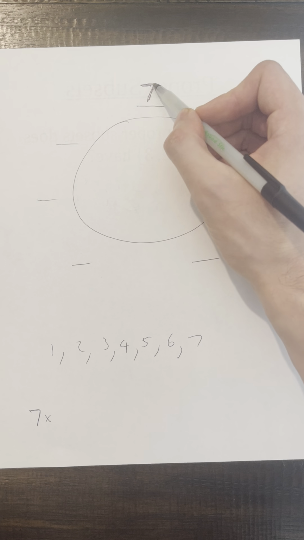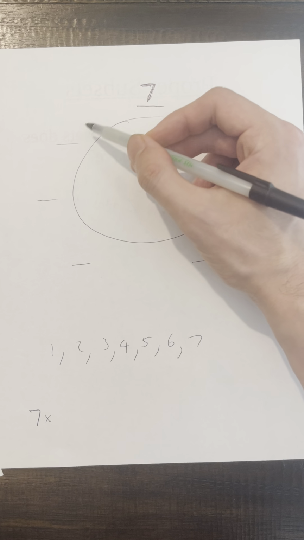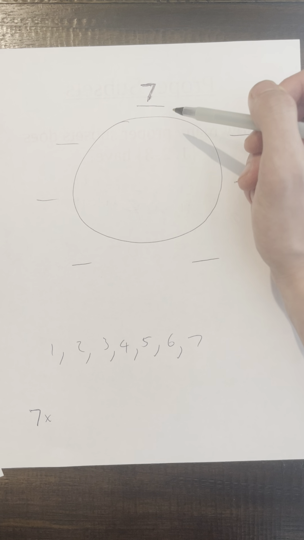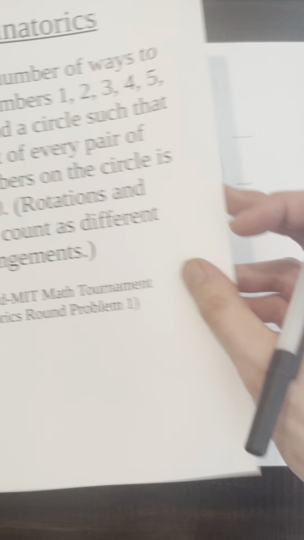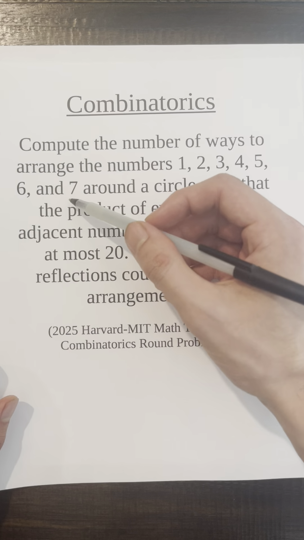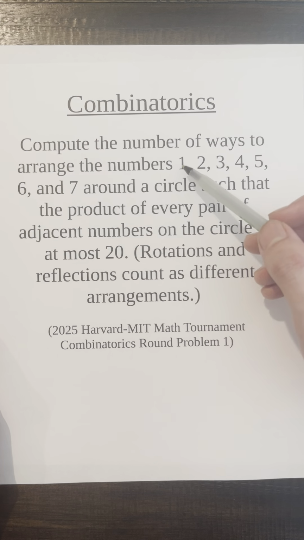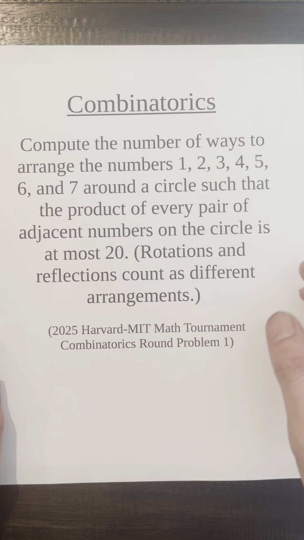Basically, place down a number where you minimize the number of subcases that you have to count afterwards. 7 is the most restricted. Why? Because only 1 and 2 can be next to it. If you put 3 next to 7, it's going to be more than 20.